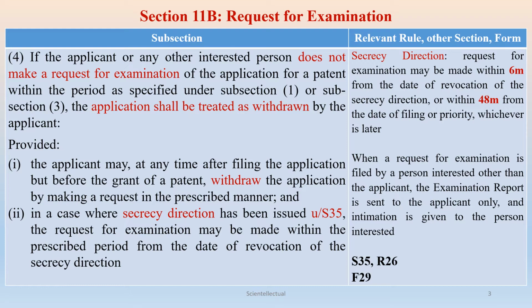When request for examination is filed by a person interested who is other than applicant, examination report is sent to the applicant only and intimation is given to the person interested.